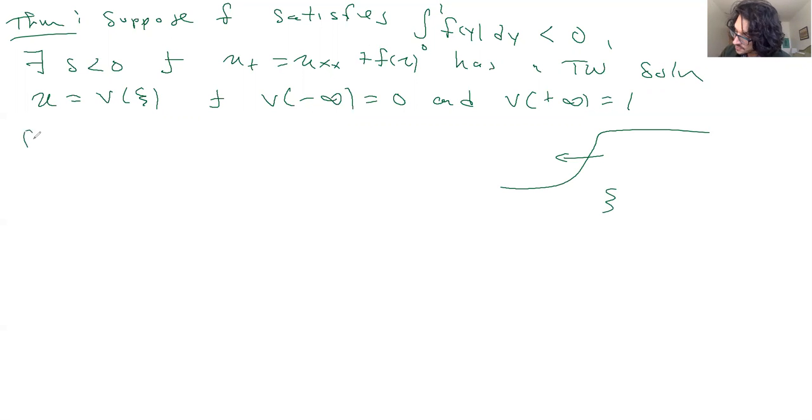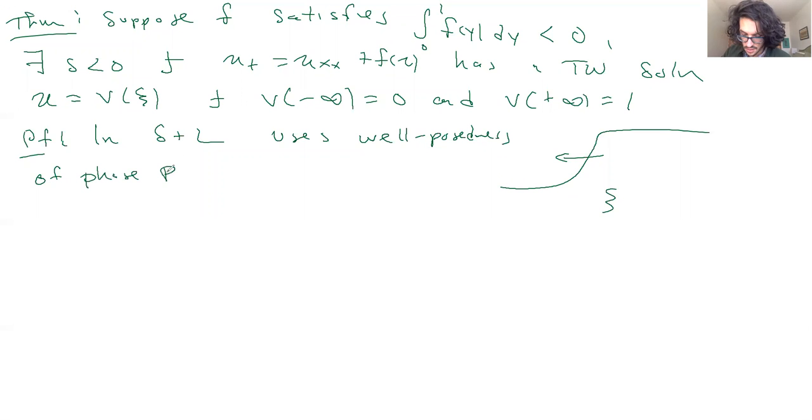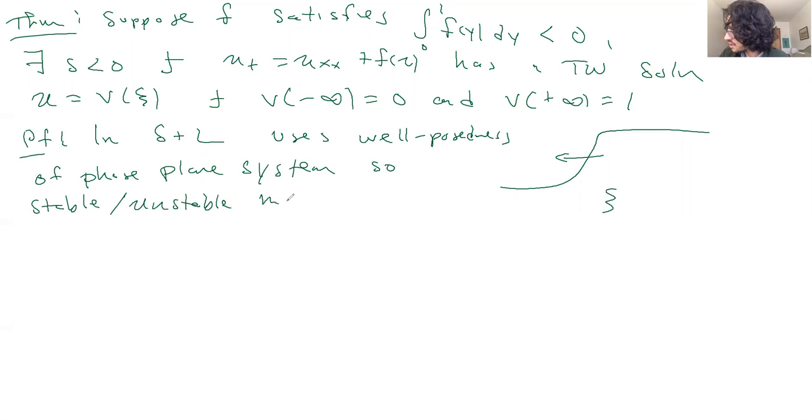Okay, and the proof, as I said, it's in Shear and Levy. Okay, it uses the well-posedness of the phase plane system. So our stable and unstable manifolds deform continuously, okay?